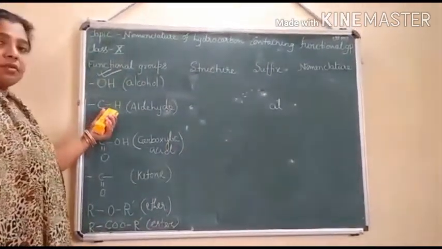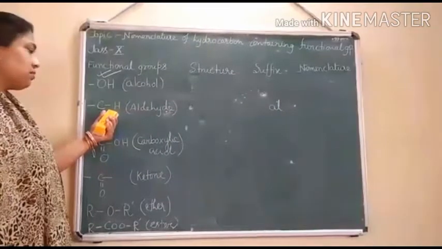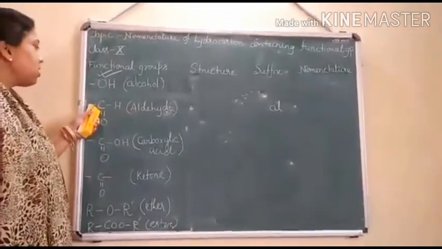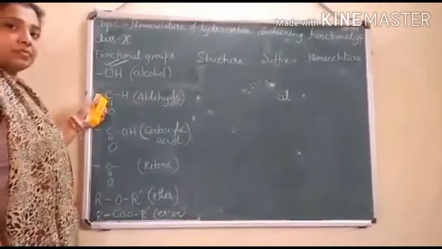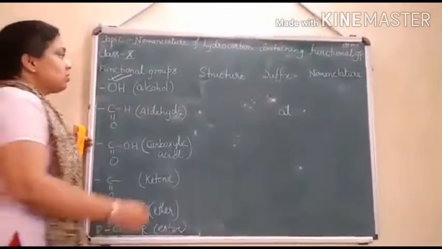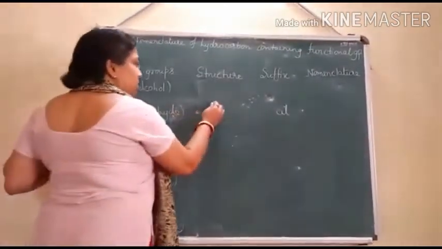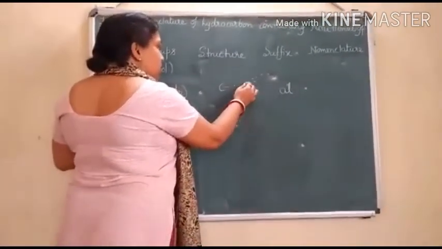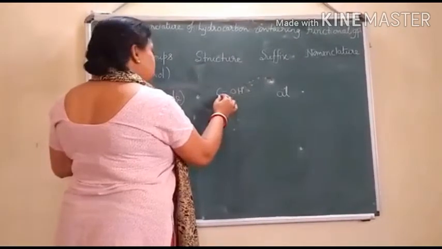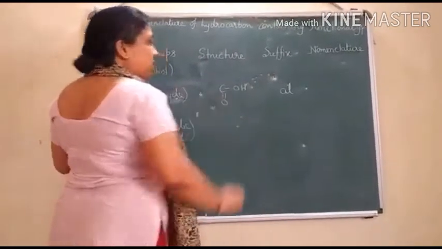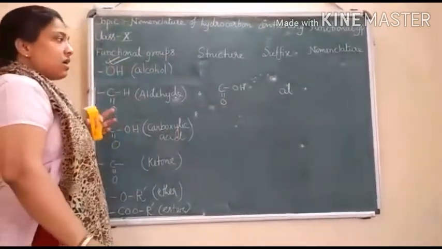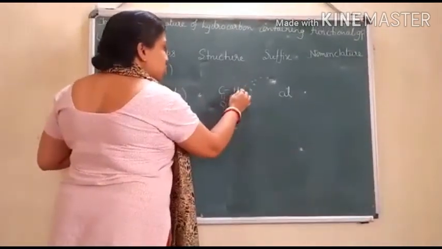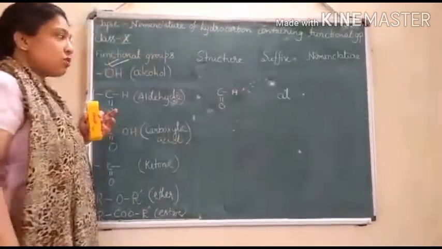So the first carbon, if you choose the first carbon, now see here, already in the functional group there is one carbon present. So the first carbon contains this functional group.